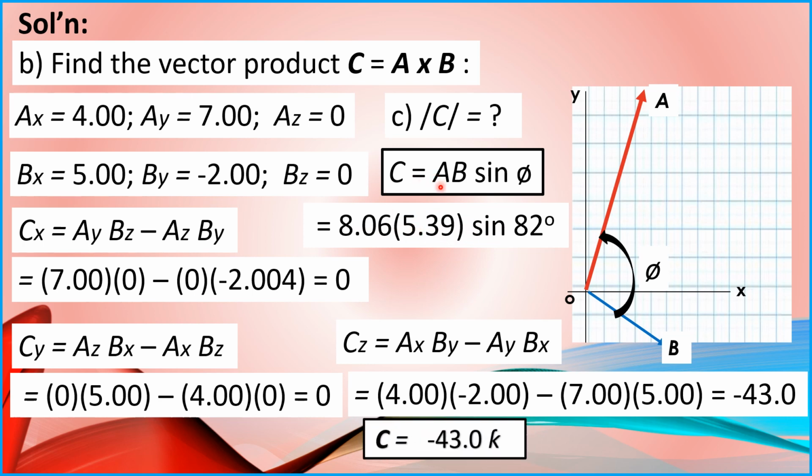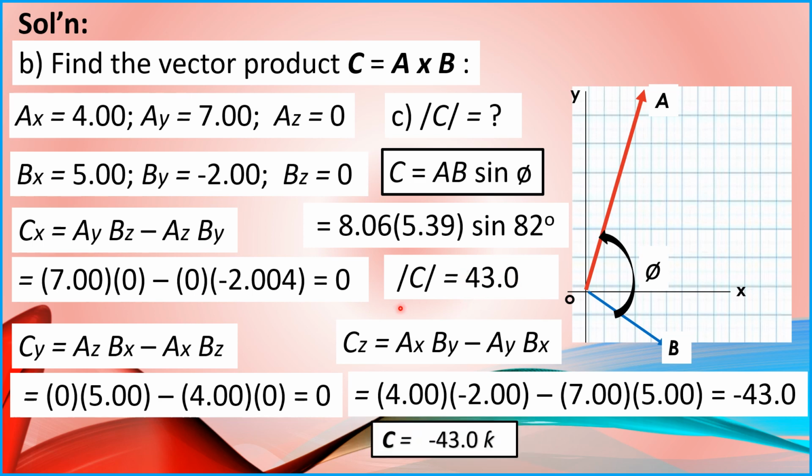We have the calculated magnitude of vector A we got earlier, 8.06. Multiply that by the computed magnitude of vector B, also shown earlier, 5.39, and then multiply the product by the sine of the angle 82 degrees using your scientific calculator. We will get as the magnitude of vector C 43.0 units.